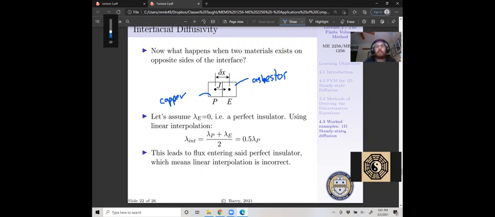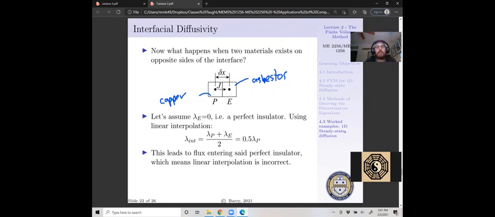We could call it glass or what have you. Actually, let's not use asbestos, because we don't want lung cancer. Let's pick a really good insulator where we can assume our diffusivity is equal to 0.